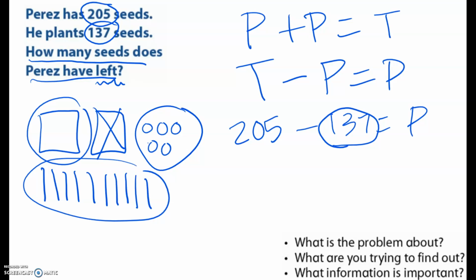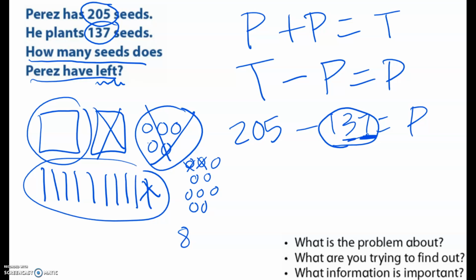But because I broke that second 100 up, now I can take 10 of those and make 10 ones. And I can take away this 37 that I have. So I'm going to take the 5 I started with plus the 2 here. So that leaves me with 8 ones left.